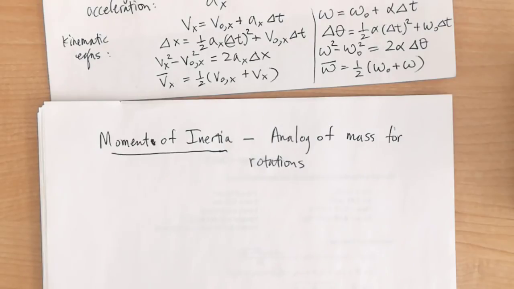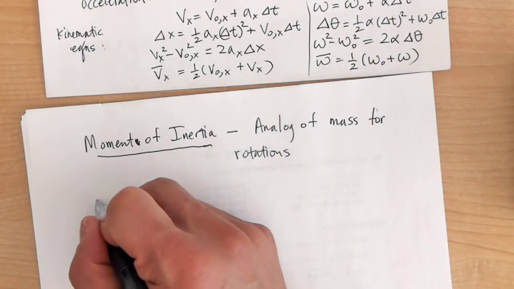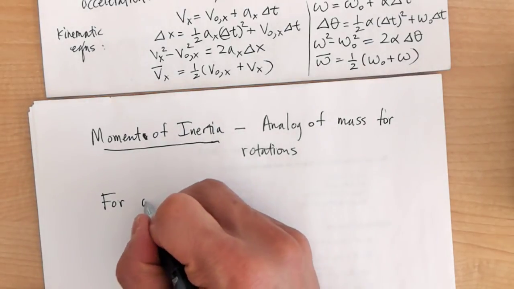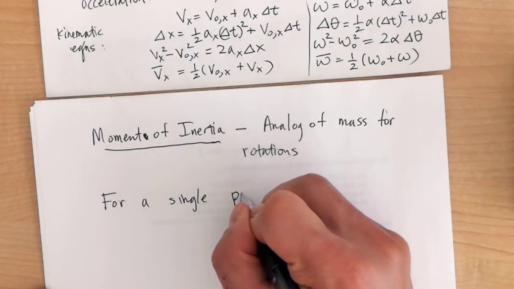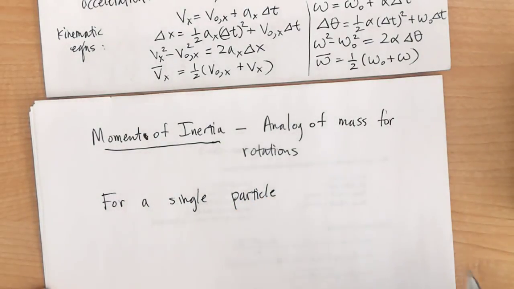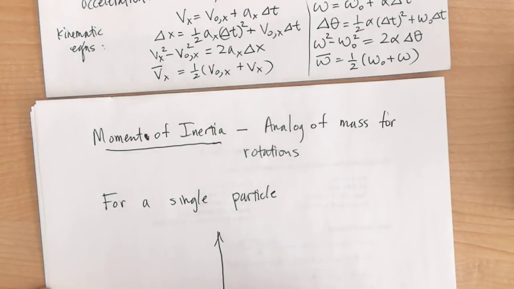All right, so let me give you a formula for a single particle. Let's say we have some rotation axis. We're going to try to spin this particle, make the particle go around this axis. Let's say m is the mass, and let's say the distance is r.